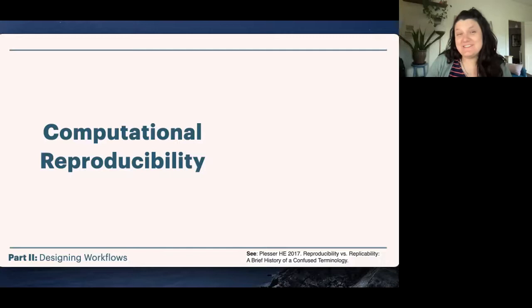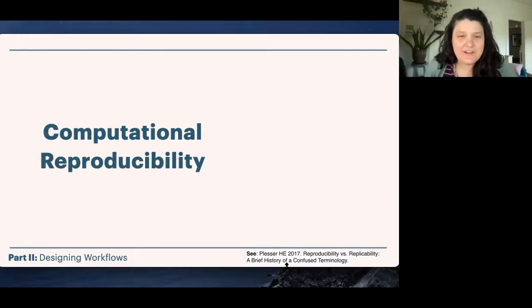So computational reproducibility, I hope at some point during this workshop, someone has talked about this very interesting definition, or how people have been defining it over the years, and has brought up the very confusing history of the usage of the word reproducibility, especially versus replicability.